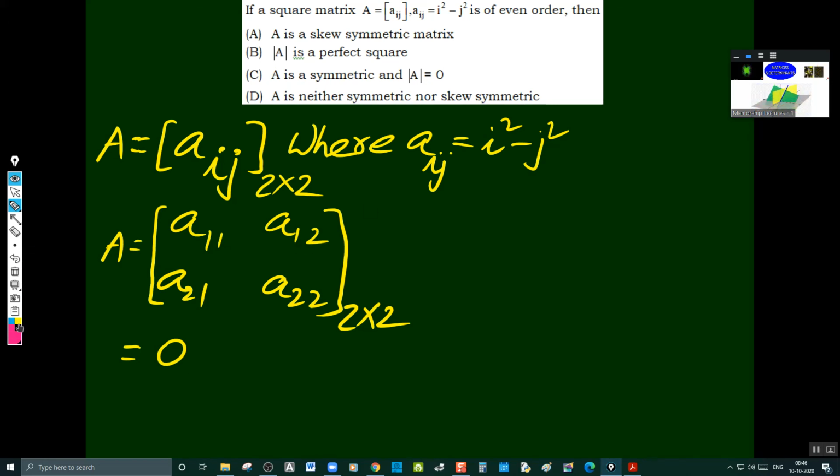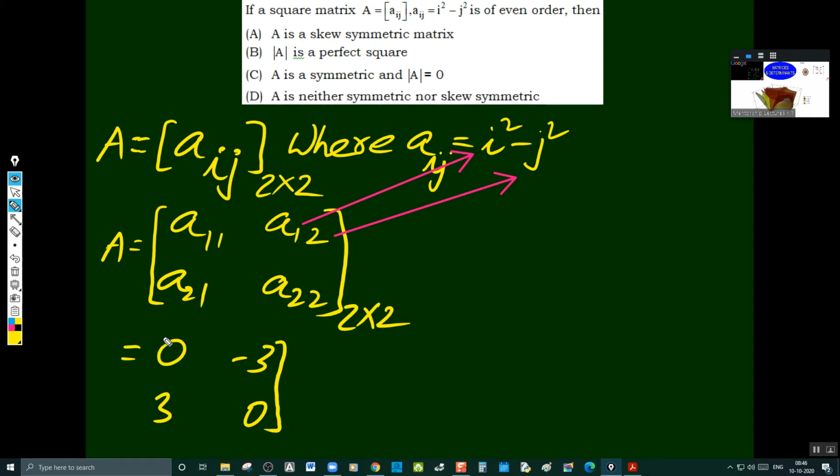Don't forget that the order is to be substituted here. Instead of I, 1, instead of J, 2. So 1 minus 4 is minus 3. Similarly, 4 minus 1 is 3, and 4 minus 4 is 0. The diagonal elements are zeros.